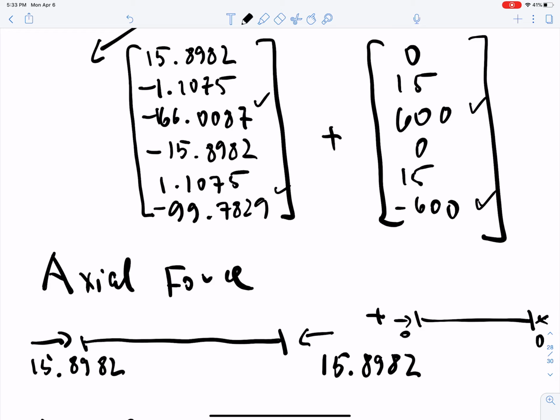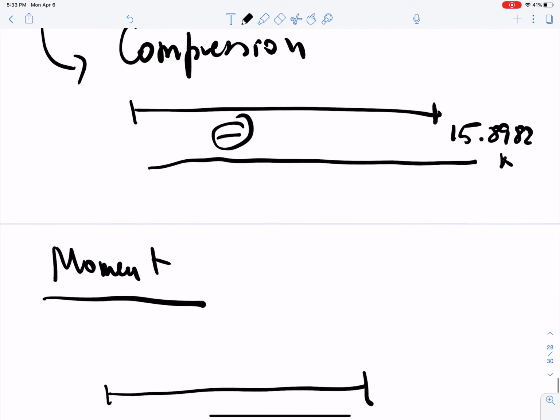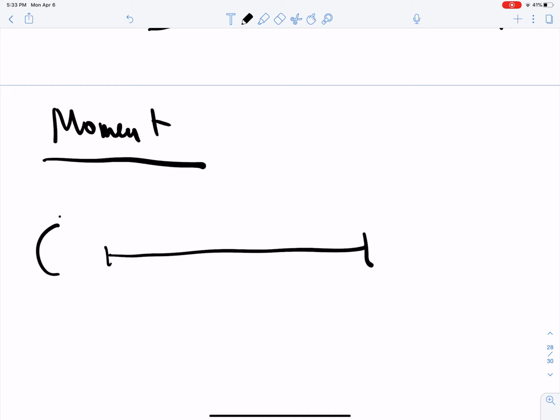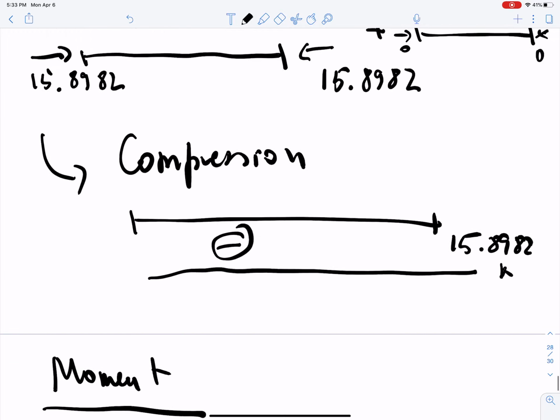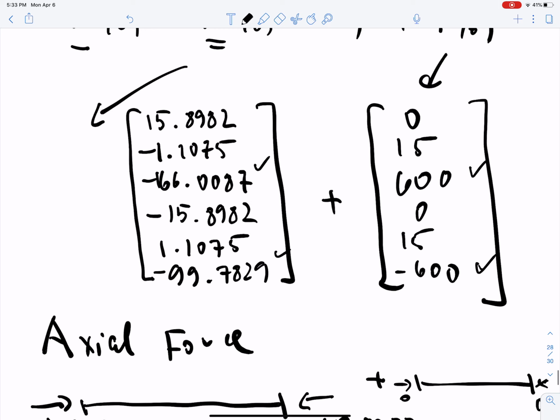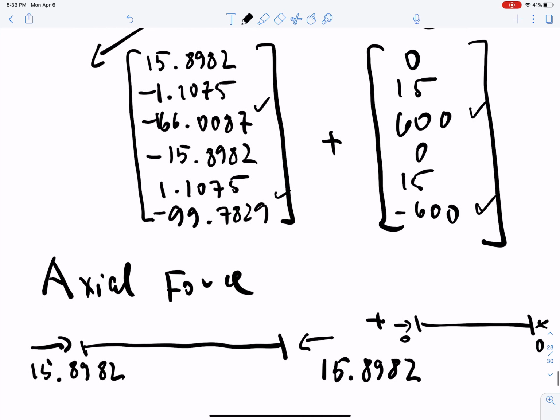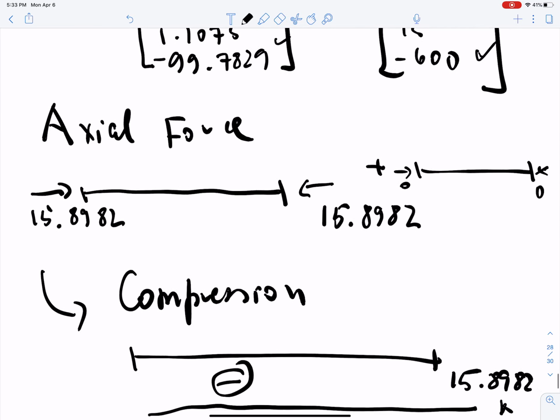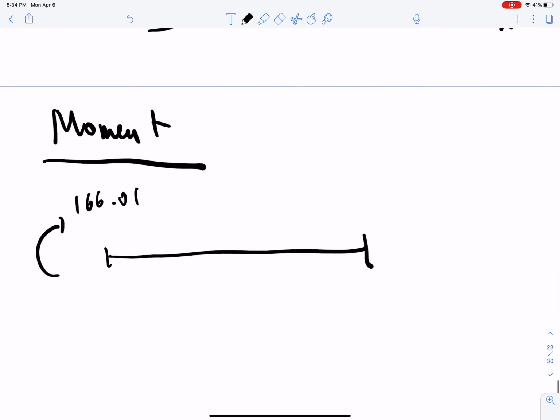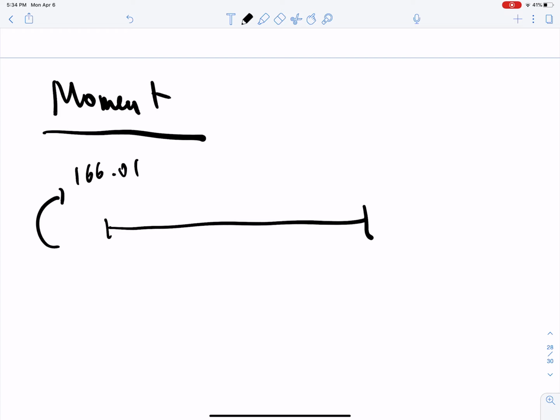It means that you have a clockwise moment of 166.01 acting this way, okay? You look at this entry, you get minus 99.78. Okay, minus, right? Minus is clockwise.